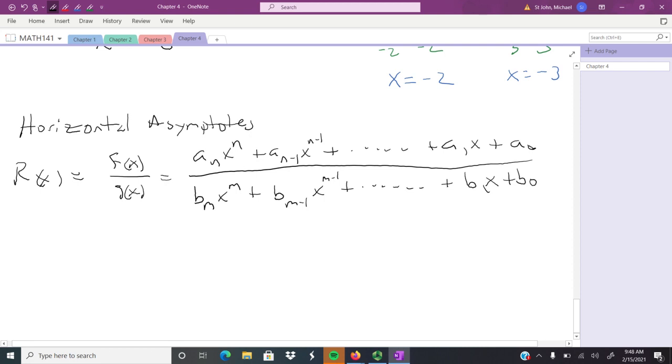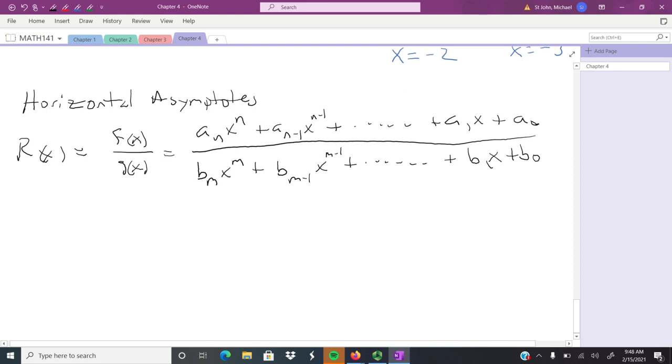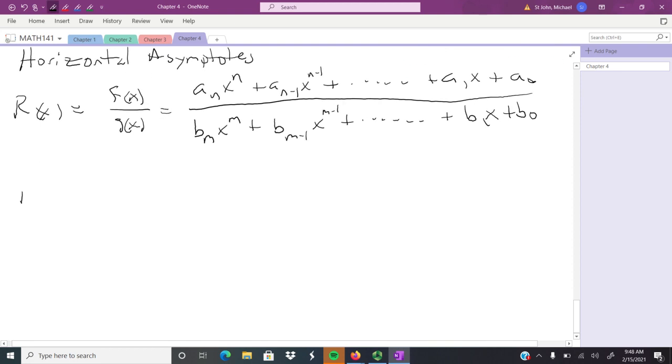All right. So there are three possible cases here. First case, if n is less than m, then we have a horizontal asymptote at y equals 0.